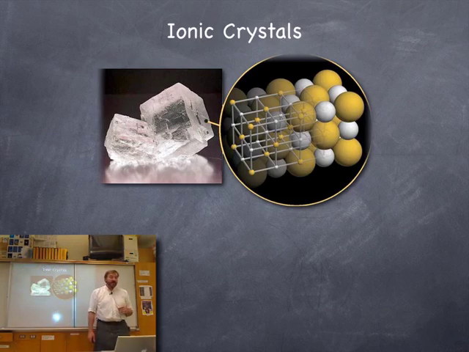Okay? Most ionic compounds in the solid form come as regular repeating crystal structures. So, in an ionic compound such as this one here, what you typically see is this regular repeating lattice work of positive and negative ions.